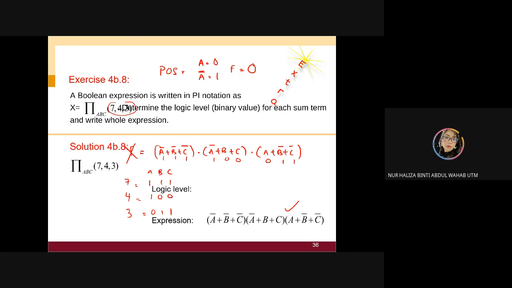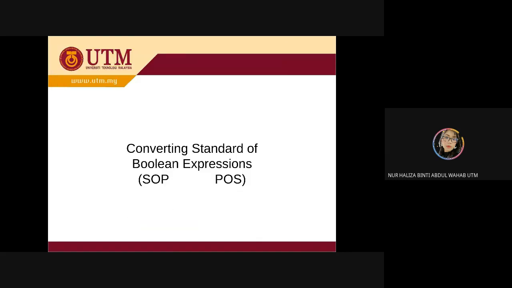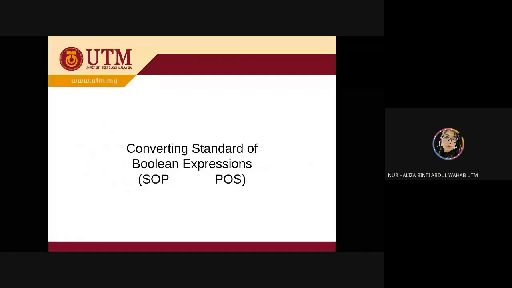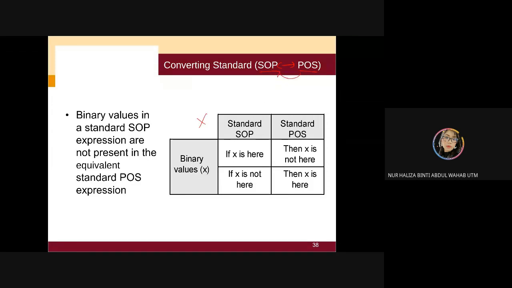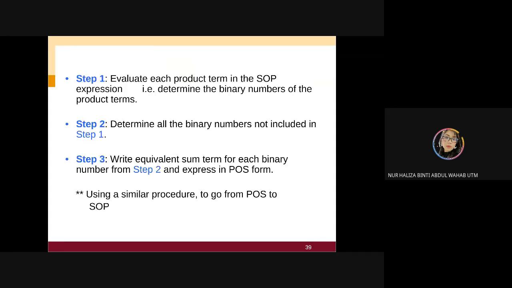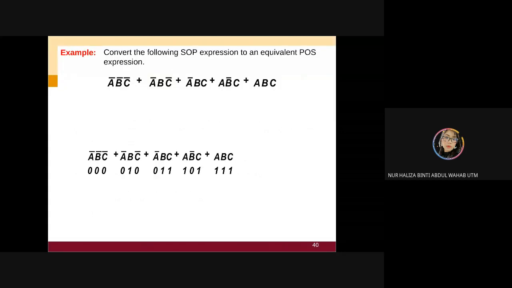So, you can read this conversion if you have SOP to POS, POS to SOP. I personally can't understand what this table is. You can go through and read all these steps. But I can summarize it in my own way.